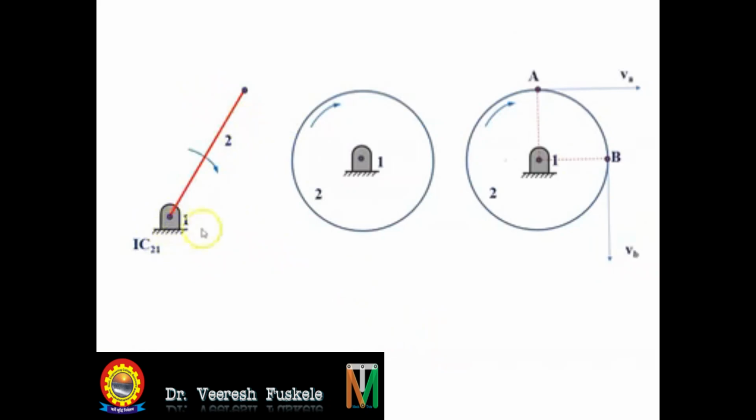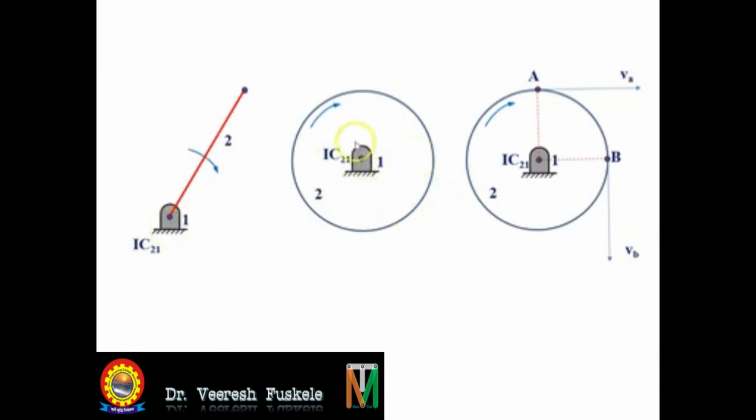So there is a link 2 which is hinged at point 1 and it is rotating about this point. So we can say that the point 1 will have 0 velocity. So we can say that this point is the instantaneous center.